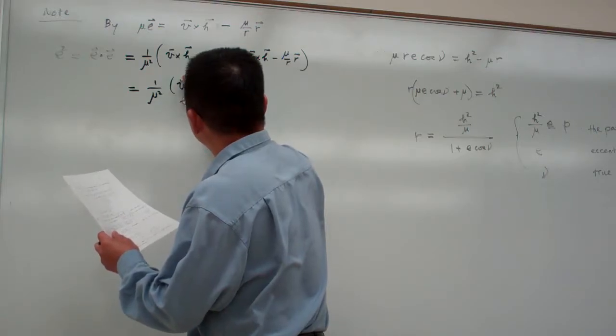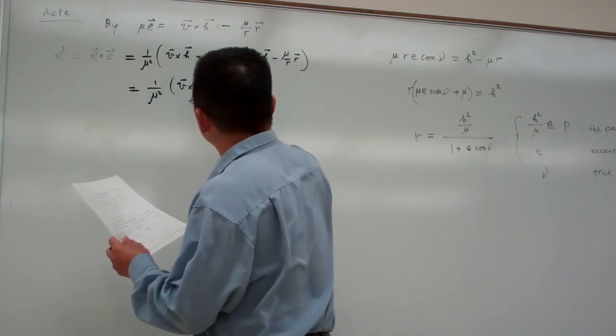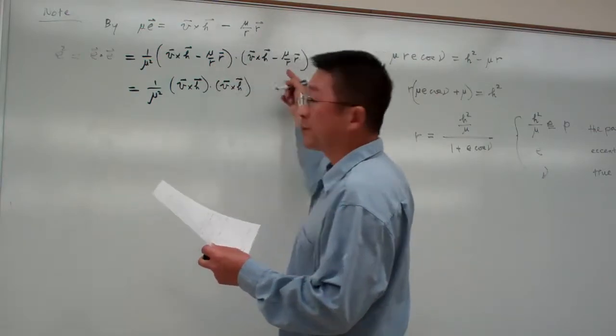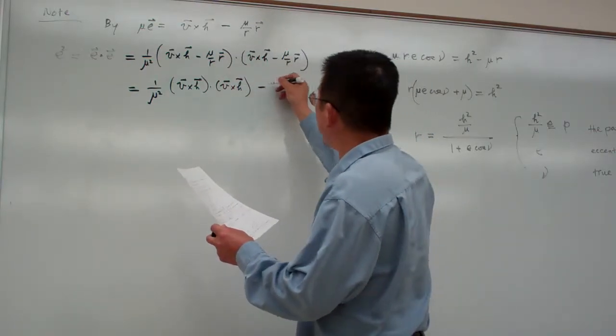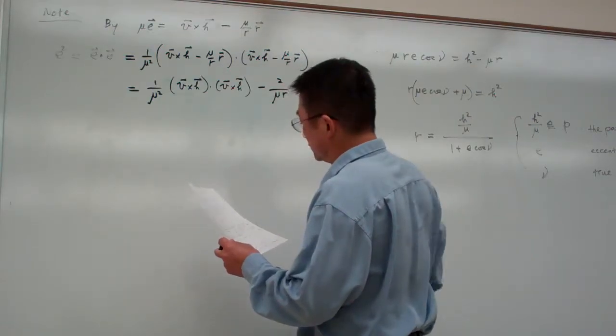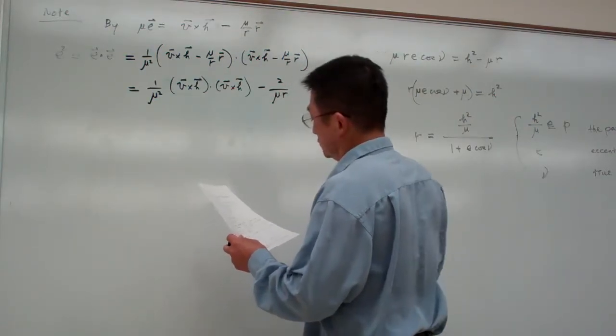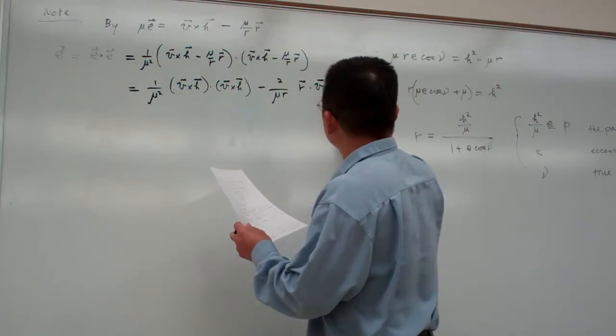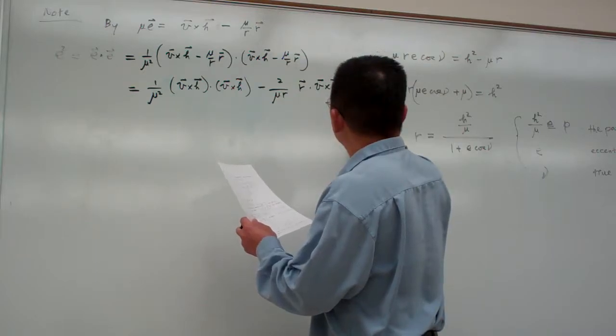So this one is V cross H dot V cross H. Right now I'm expanding the terms. Minus 2 mu over R dot V cross H plus 1.